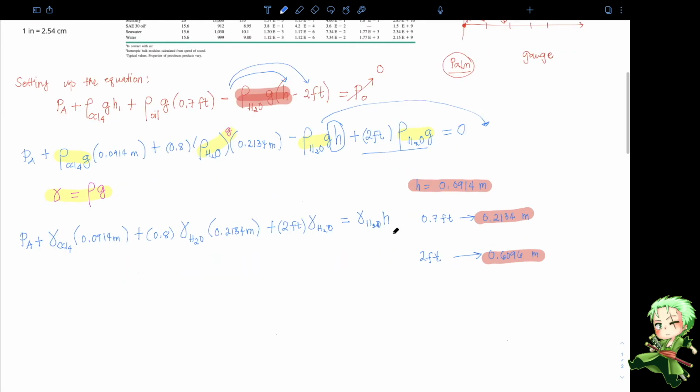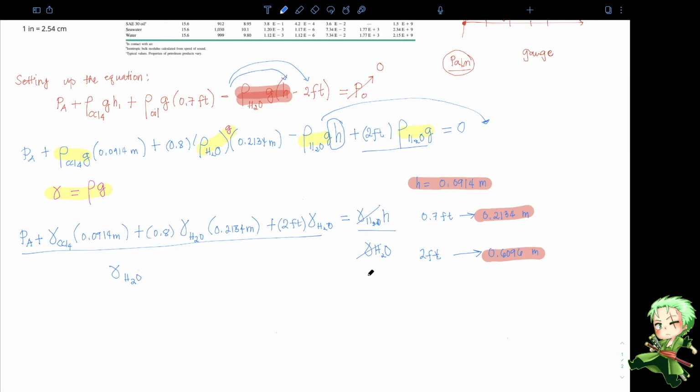So from this one, you can divide both sides by the specific weight of water so that you arrive with h on the right hand side, which is what you desire, what we want to find. So the specific weight would cancel out in that case.